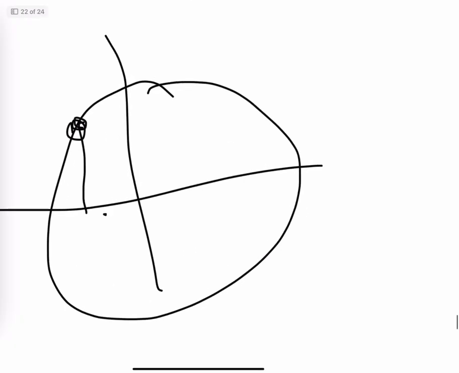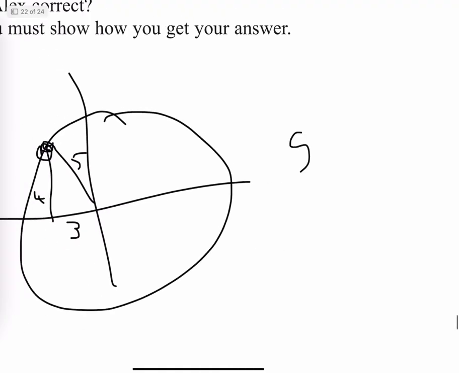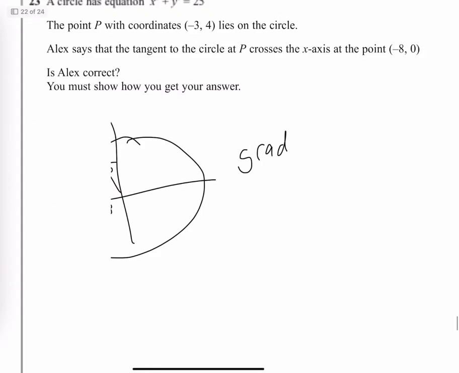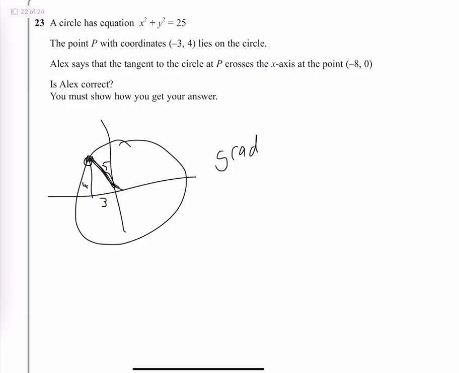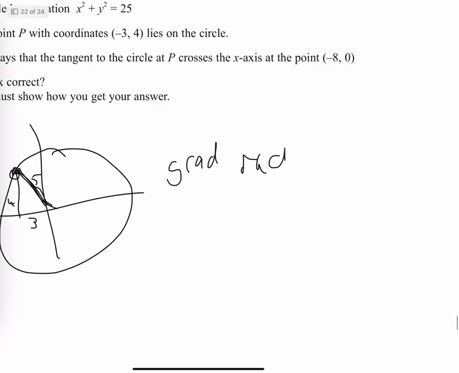So this is 3, 4, 5, okay? Which means if we have a look at this, the gradient of our radius line is going to be -y over x, so that's -4 over 3, which means gradient tangent equals 3 over 4.